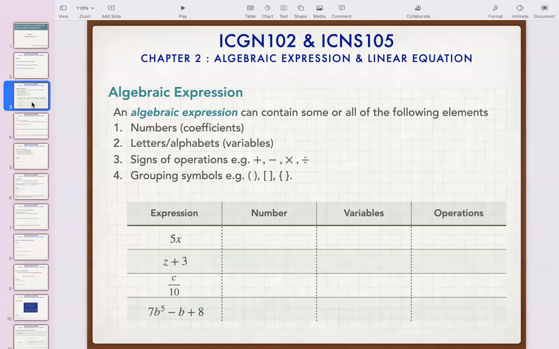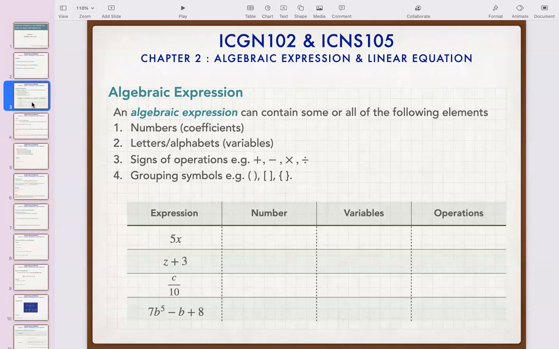Now let's fill up this table. Let's talk about the first expression, 5x. Warisa, what is the number in 5x? Are you here?